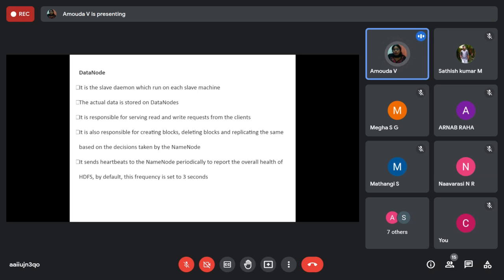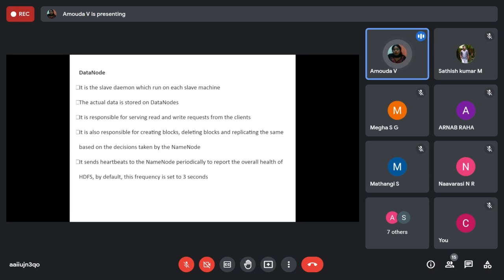Okay, it is completely responsible for manipulation of the data which is already stored. Based on the decision, because it acquires the information from the name node and accordingly it works. It sends heartbeats to the name node periodically to report on the health of the HDFS.